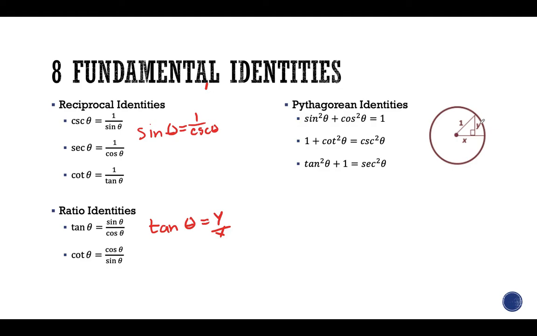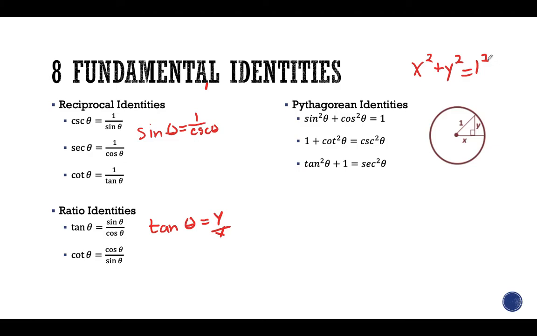We think about a movement on our point that we label x and y. If we set that relationship up in the Pythagorean theorem, we end up with x squared plus y squared equals 1 squared. So if we apply what we know about the unit circle, we refer to cosine as x. So that's our Pythagorean identity.